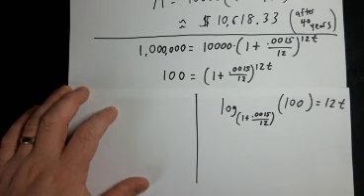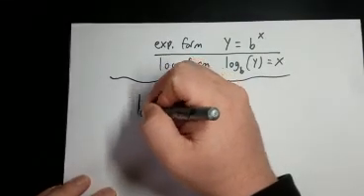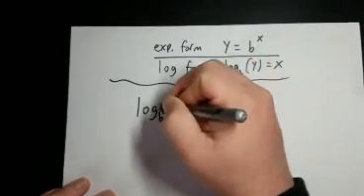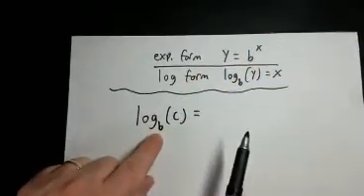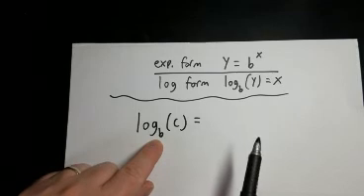Now, if you were going to use the change of base formula, which I'll set up on my formula sheet in a moment. Now, the change of base formula, if you had log base b of c, log base whatever the heck it is, you can't evaluate that on your own. You can't evaluate that unless you have a fancy calculator that can change the base for you.